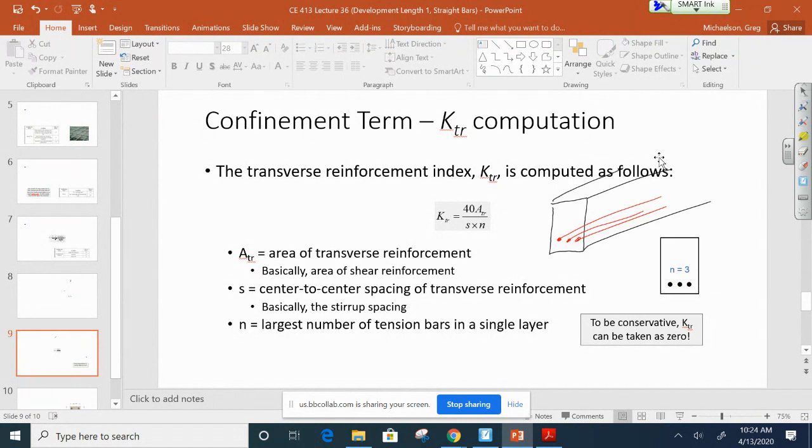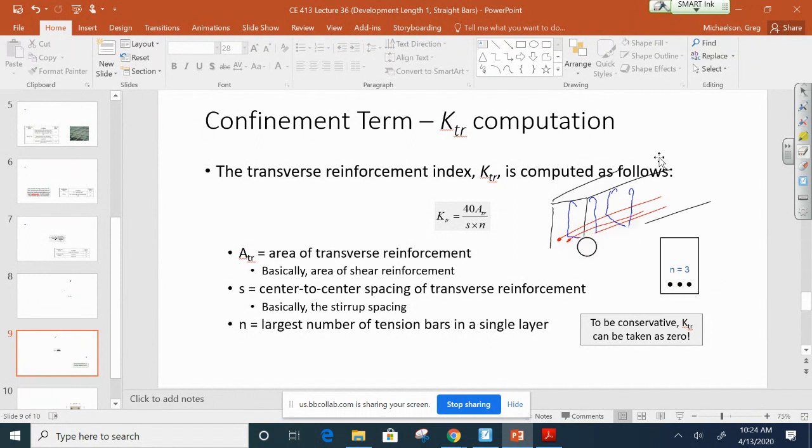What also matters is how the stirrups are performing, because the stirrups serve to keep all that concrete together. They're confining the concrete around those bars. So more stirrups would mean more effect on your development length. So we take 40 times Atr over s times n.